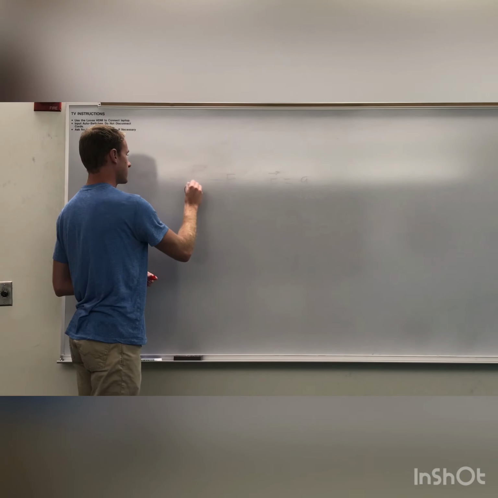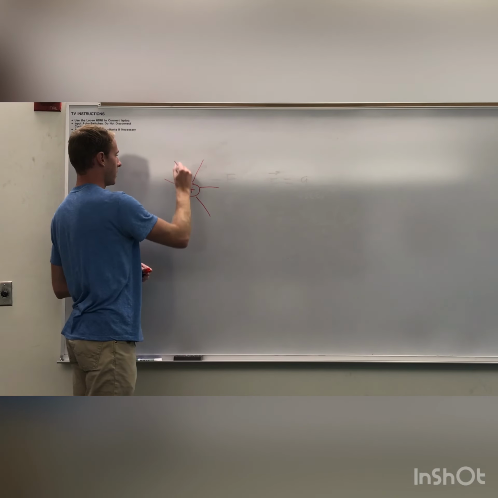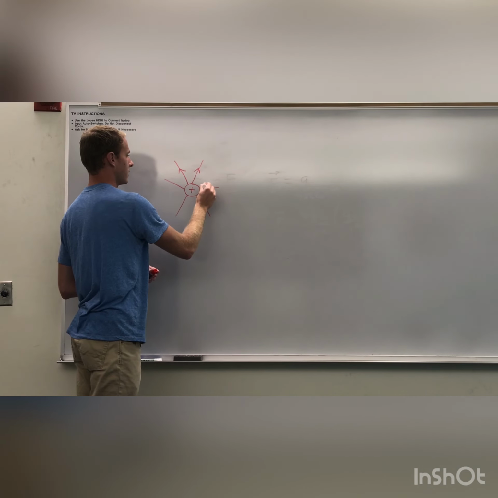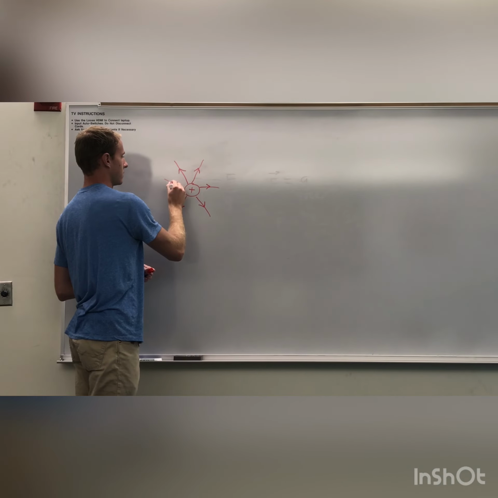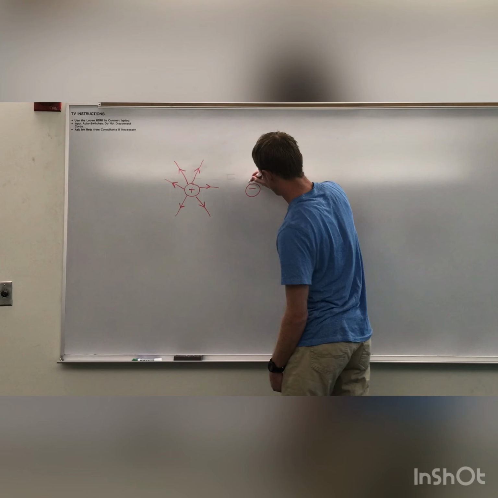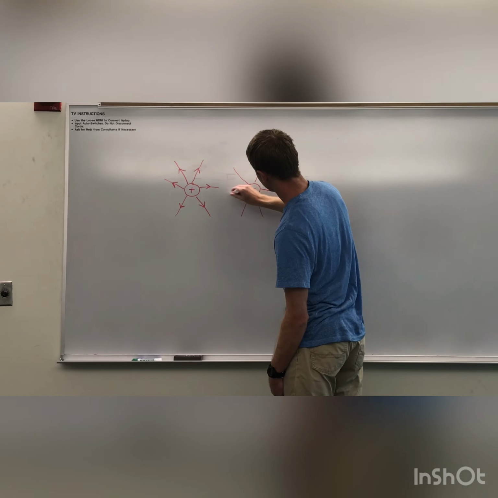Electric field lines, let's say we have a positive charge. Electric field lines begin on positive charges and they terminate on negative charges.